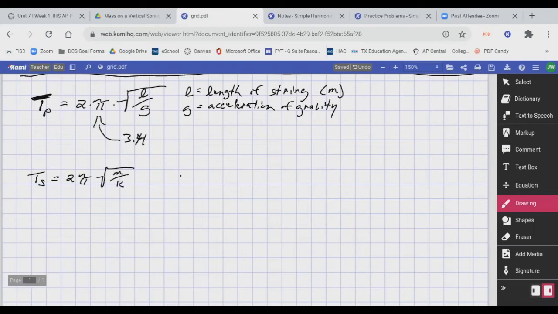So m equals the mass on the end of the spring, and k equals spring constant.